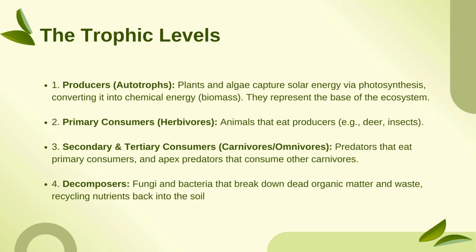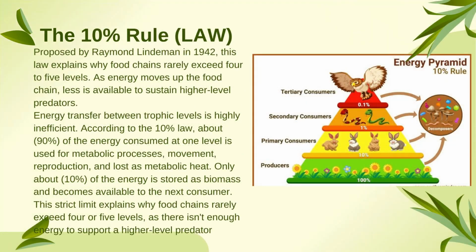So we got to know about the producers, consumers and the decomposers. Now let's see about the 10% rule or 10% law. It was proposed by Raymond Lindeman in 1942. This law explains why food chains rarely exceed 4 to 5 levels.